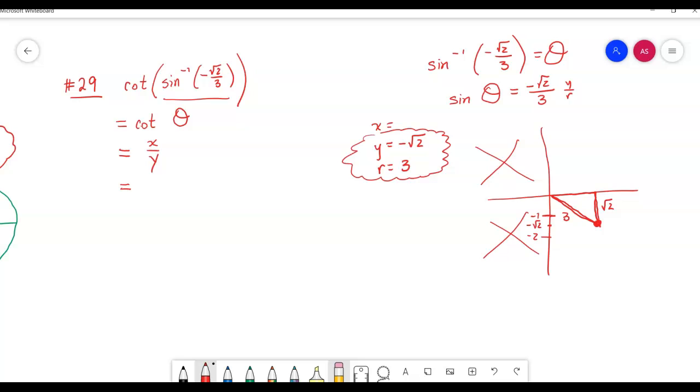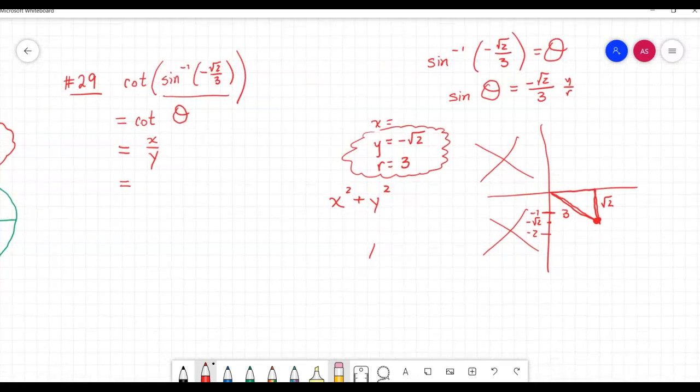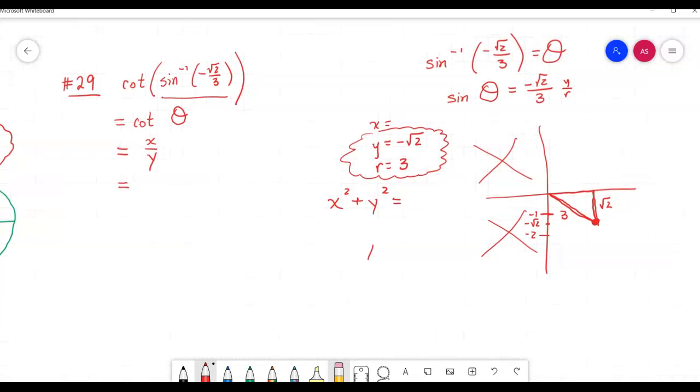So I know Pythagorean theorem: x squared plus y squared equals r squared. So I don't know x squared.